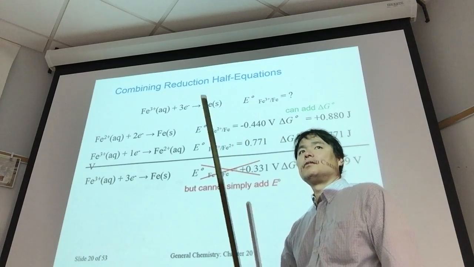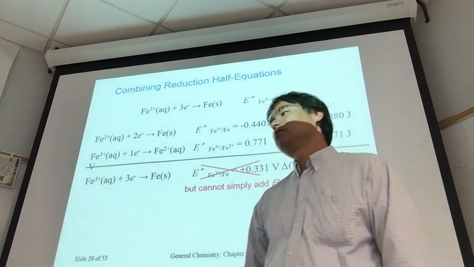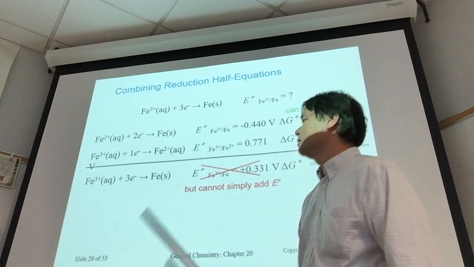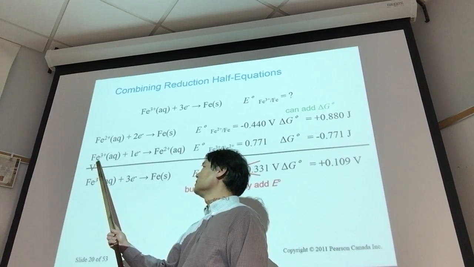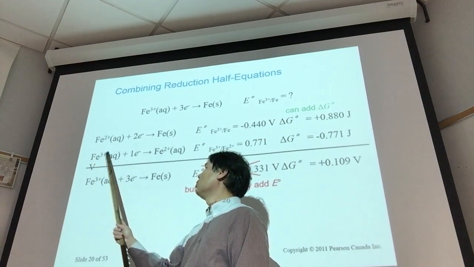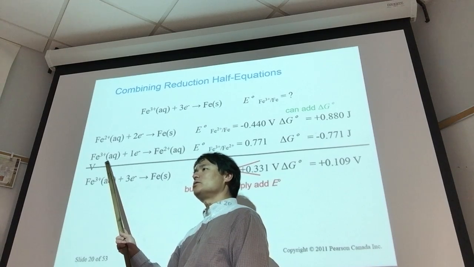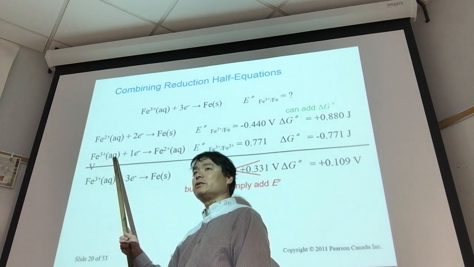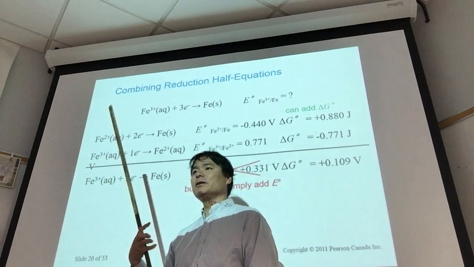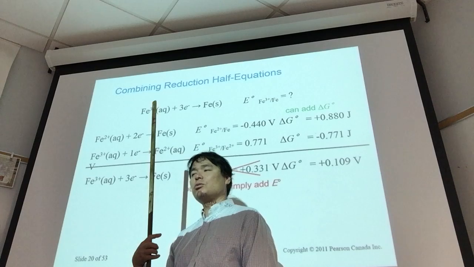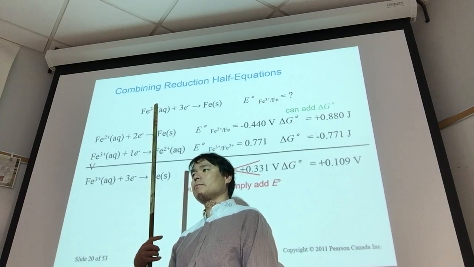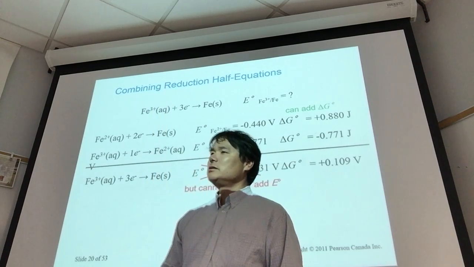No. Or let's think about it this way. If I'm looking at oxidizers, iron 3 plus is a better oxidizer. If I had 1 gallon of iron 3 plus versus 2 gallons of iron 3 plus, is 2 gallons twice the voltage, twice the oxidizing ability, twice as powerful? Is it double the power?